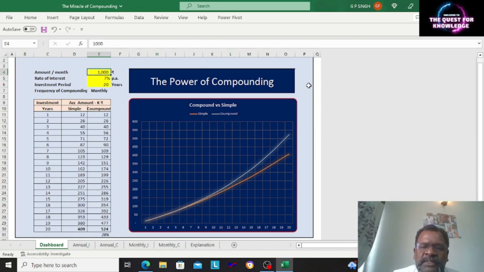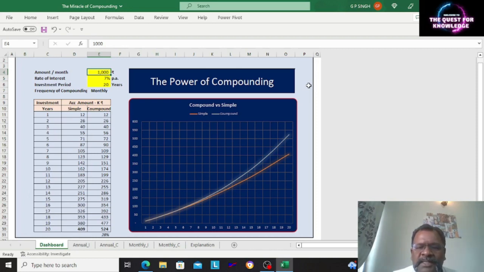Let's say you start with 2,000 rupees so that you are regular on that and you don't need to make any withdrawal in between. If you make the withdrawal in between, then you will not get the full benefit of compounding.